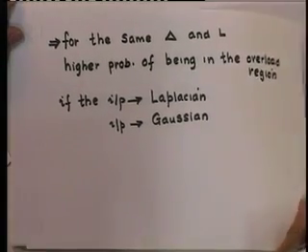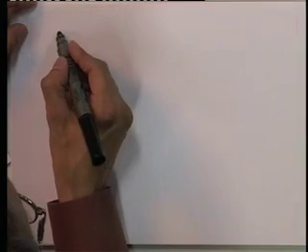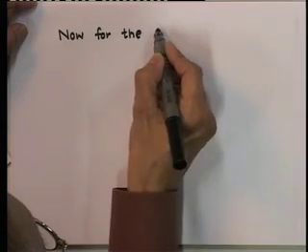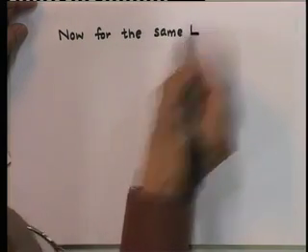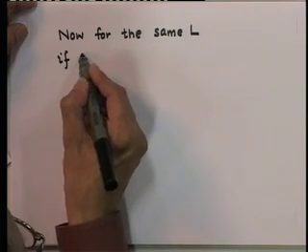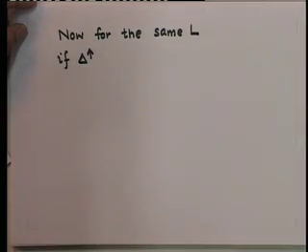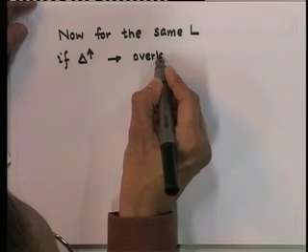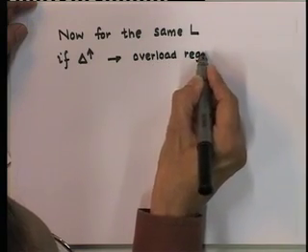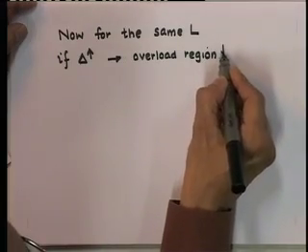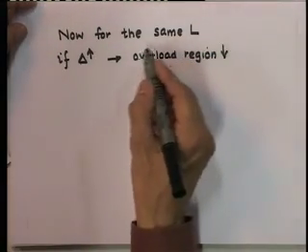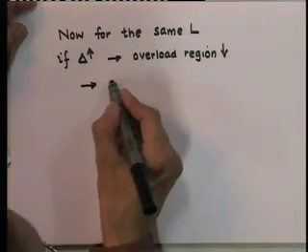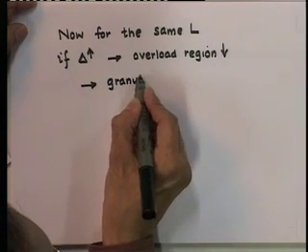So, this implies that for the same number of quantization levels, if we increase the step size, then the size of the overload region is reduced, and hence the overload probability decreases at the expense of an increase in the granular noise.